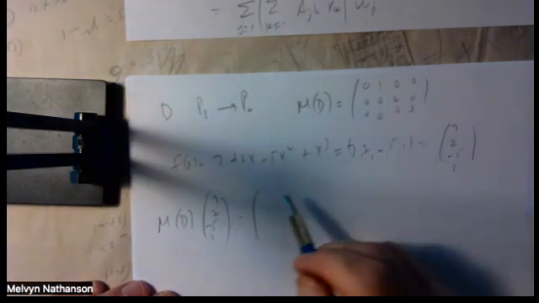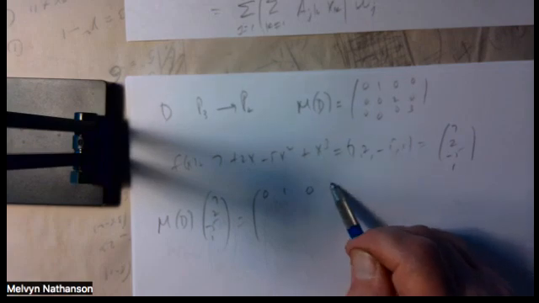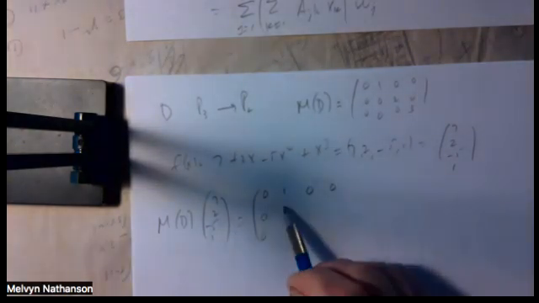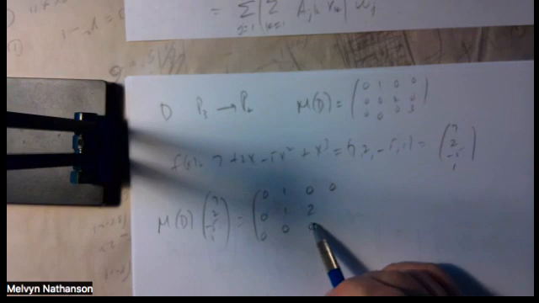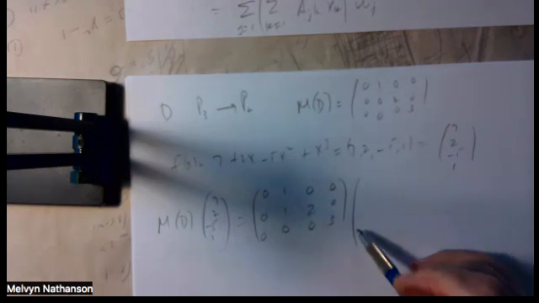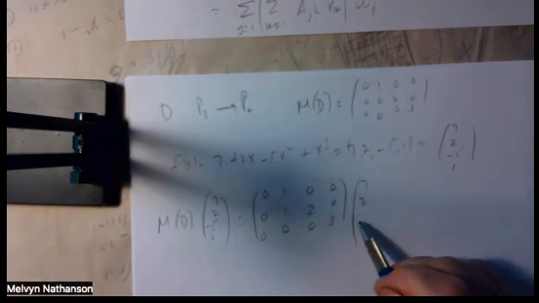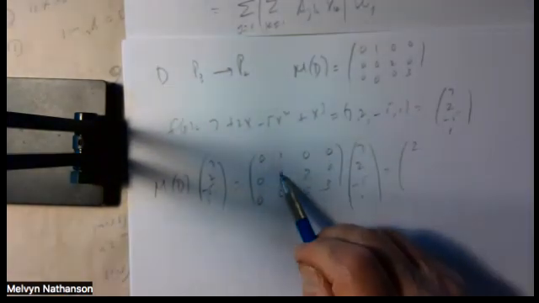So that's this matrix, 0, 1, 0, 0, times 7, 2, minus 5, 1. When I multiply row into column, I get 2, minus 5, 3.